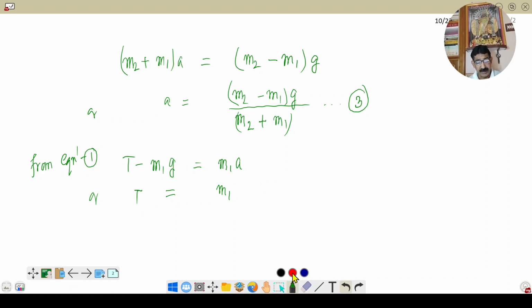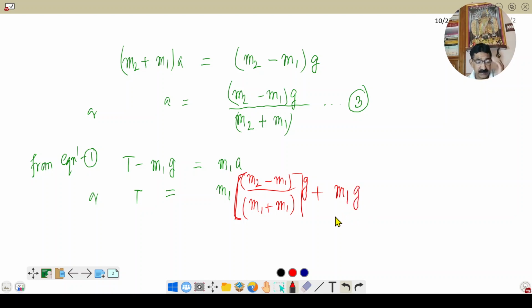In place of a, we can write m2 minus m1 by m2 plus m1 into g, so T is equal to m1 into that g, plus m1 into g.